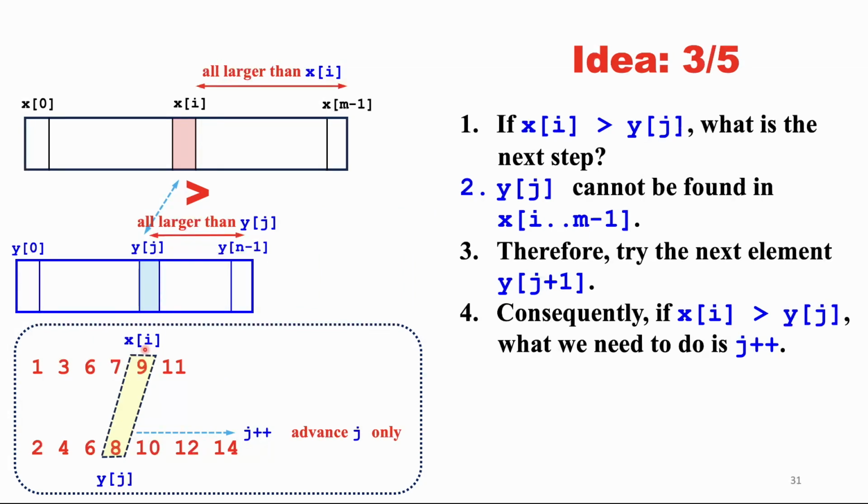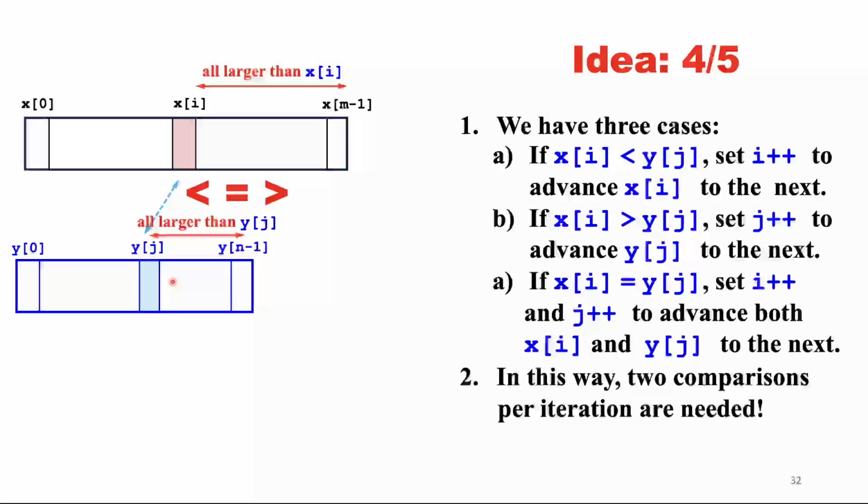On the other hand, if xi is larger than yj, like this, so yj is less than xi, it could not be in this section. So we try yj plus 1. In other words, if we find out xi is larger than yj, we increase j without increasing i. In summary, we have 3 cases. When we compare xi and yj, if xi is less than yj, we move x to the next one.